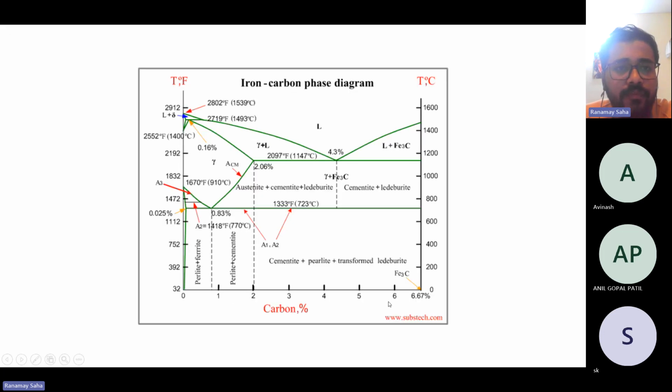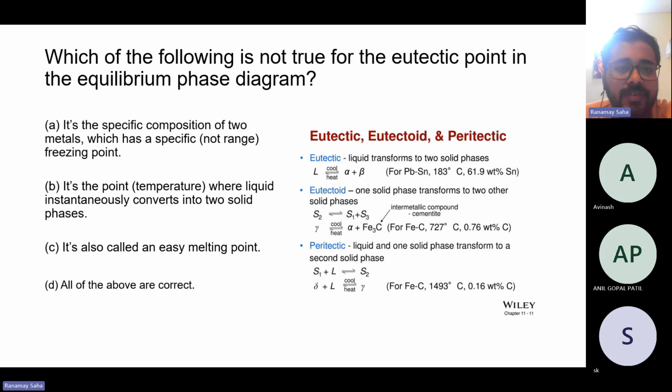So moving ahead, this is the first question out of the equilibrium phase diagram. It asks which of the following is not true for the eutectic point in the equilibrium phase diagram. First of all, what are eutectic, eutectoid, and peritectic points? I showed you three different key points in the iron carbon phase diagram.